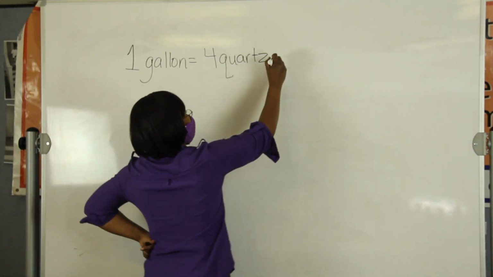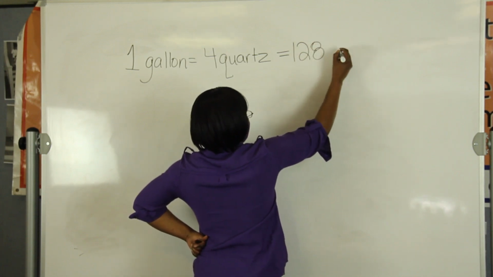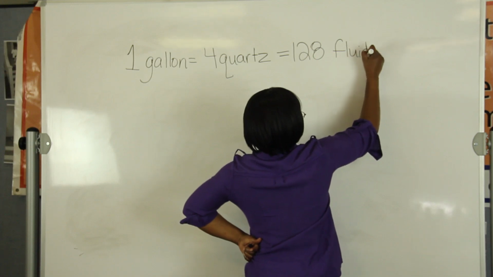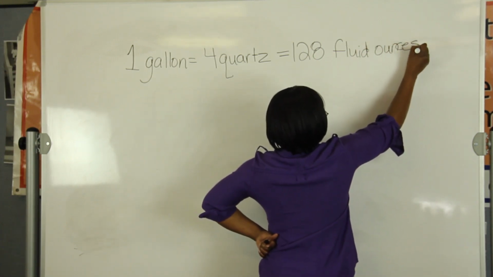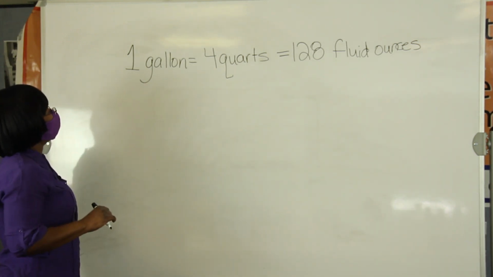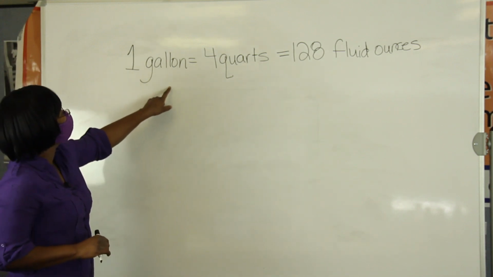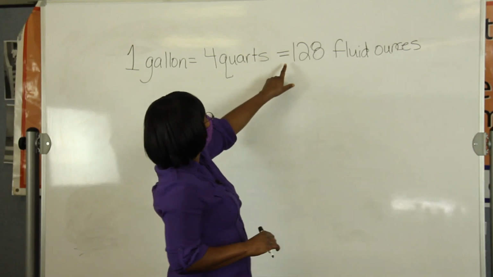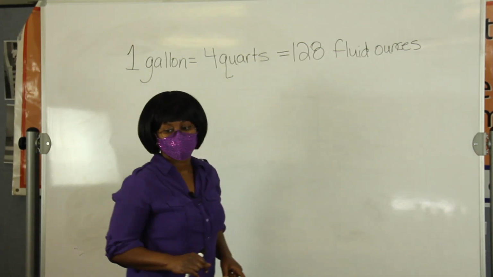And 4 quarts equal 128 fluid ounces. We may want to do that again. So we're going to change units. We know that 1 gallon equals 4 quarts, and 4 quarts equal 128 fluid ounces.